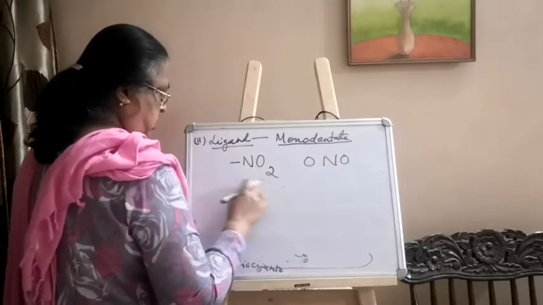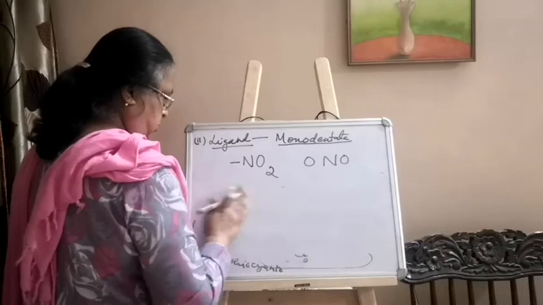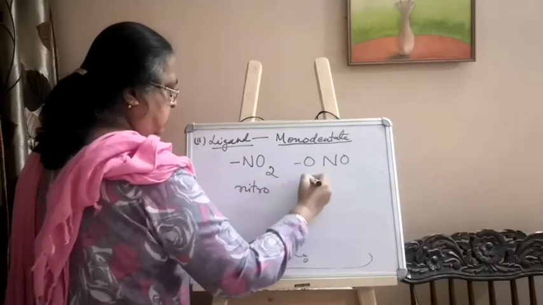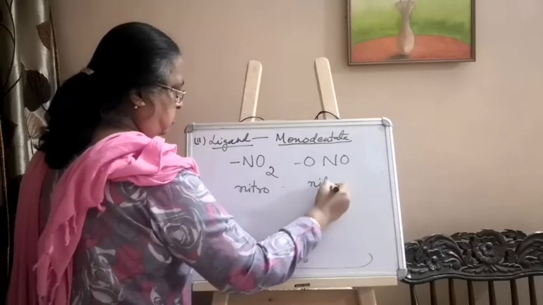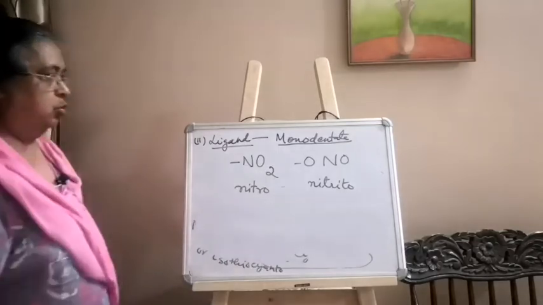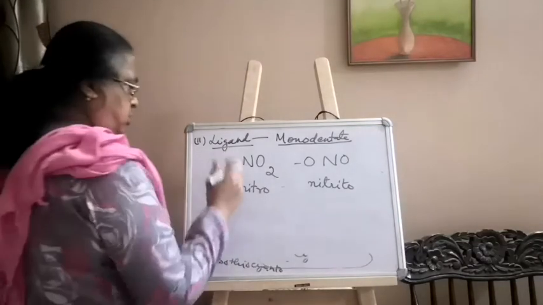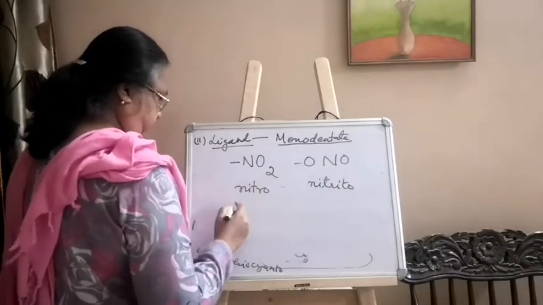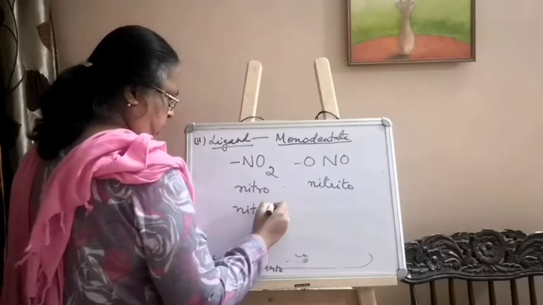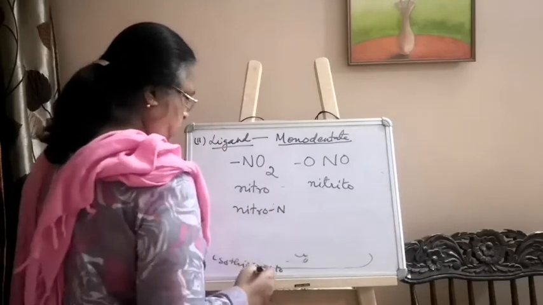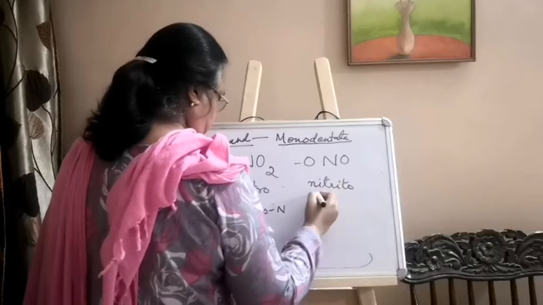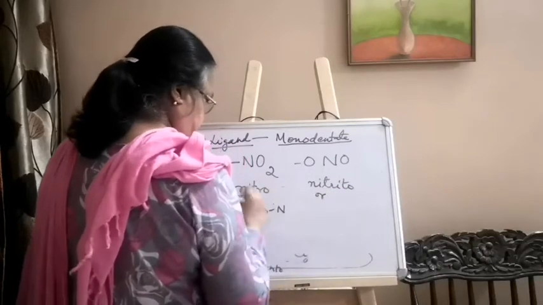This is the nitro group, ligand names always with a small letter, nitro, and this is nitrito. Nitro and nitrito. So when you write the name, you can either write simply nitro or nitro-N. Here you can write simply nitrito, but for the other you can't write simply nitro.